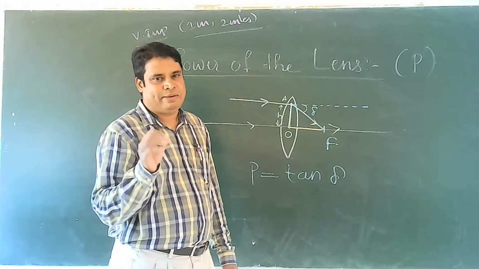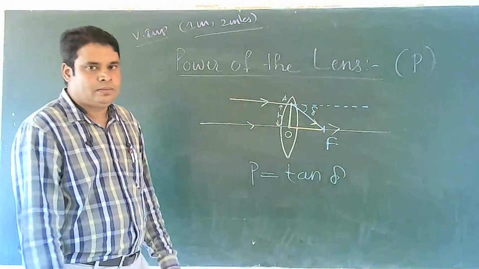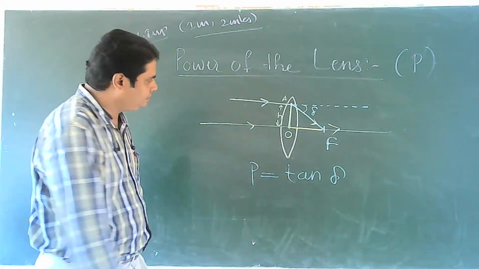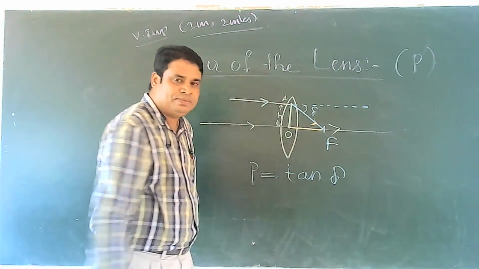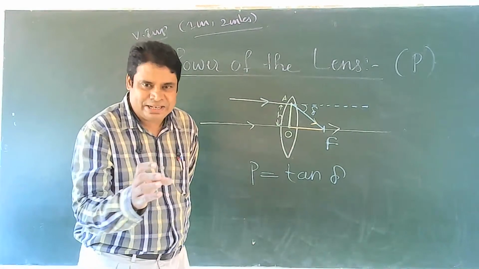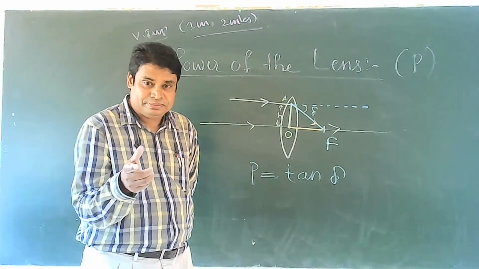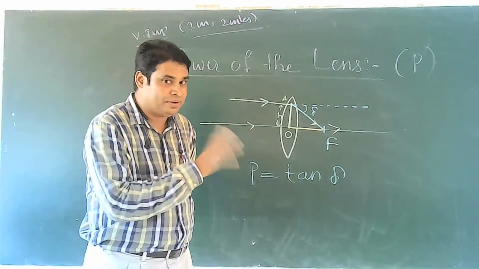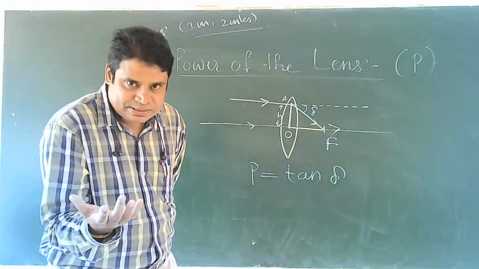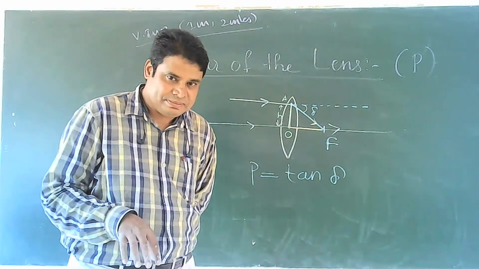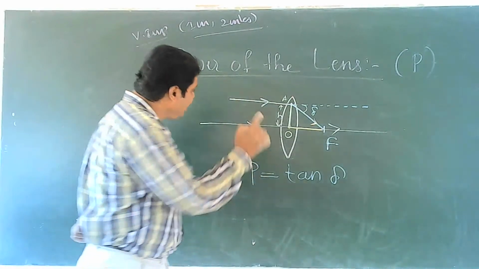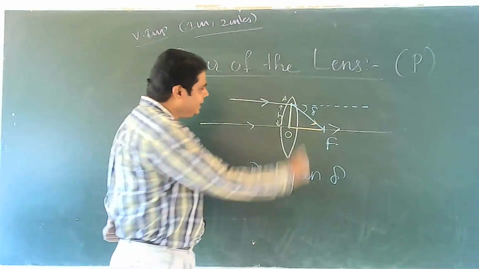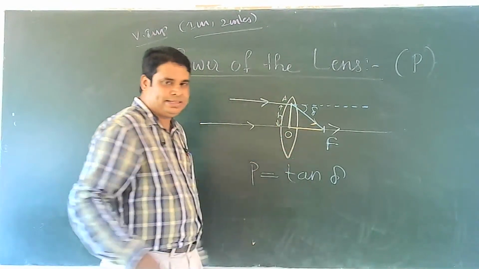Let me repeat word by word. Power of lens is defined as the tangent of the angle by which a lens converges, in case of converging lens, or diverges, in case of concave lens, a beam of light incident on it at a unit height or unit distance from optical center.